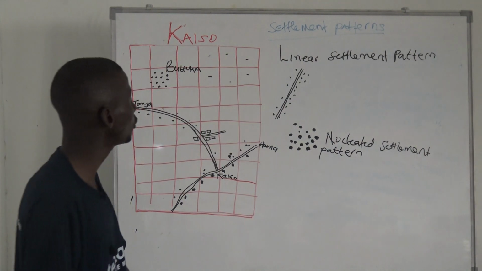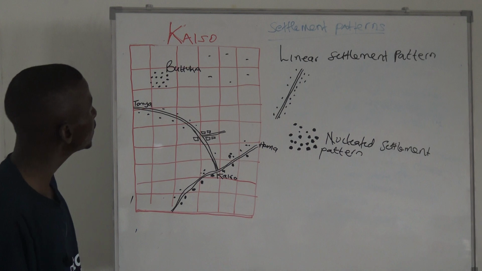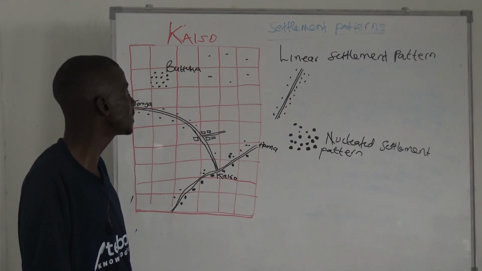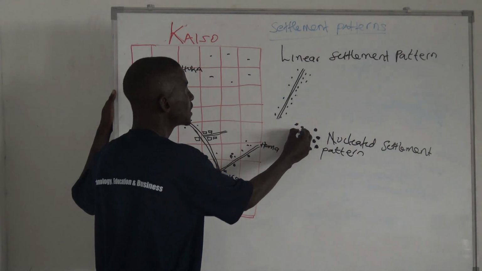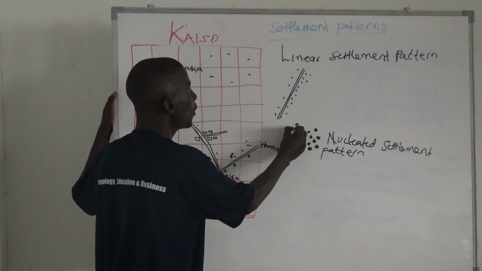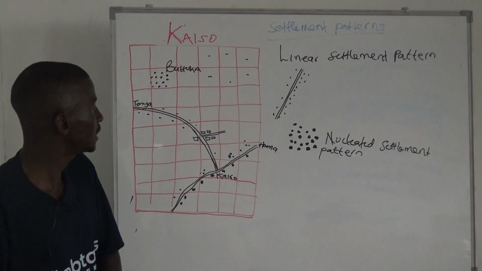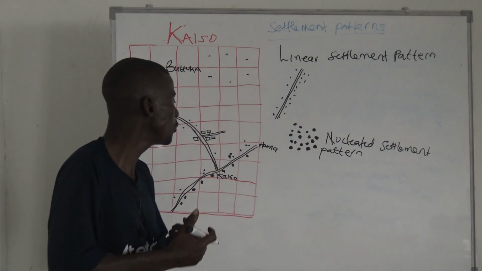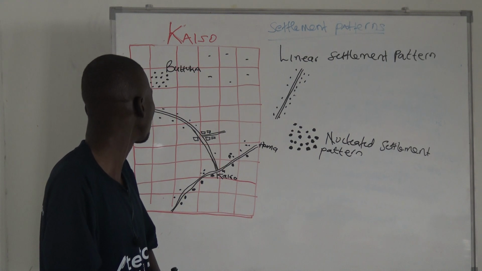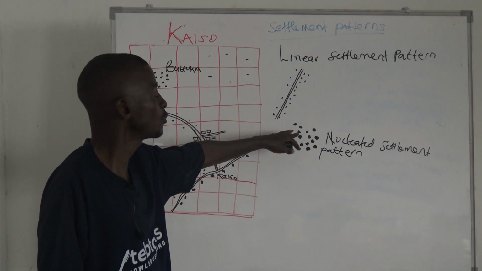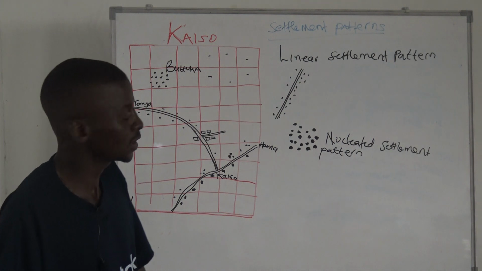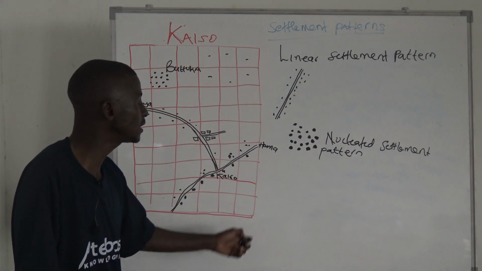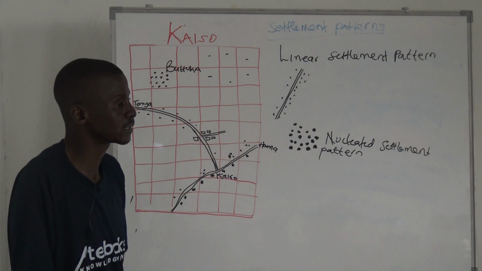It is found in those areas where the black dots are very many and close to one another. It is an indicator that people are living near one another and are very many. In most cases, we find such a settlement pattern in urban areas, say in towns, in cities, in trading centers.